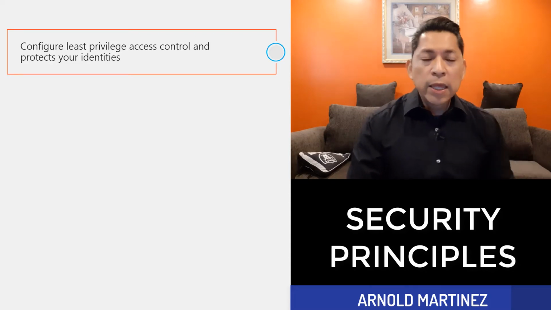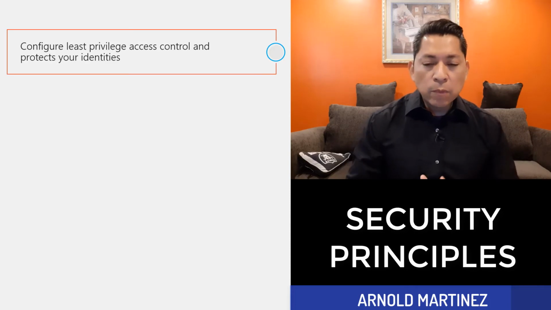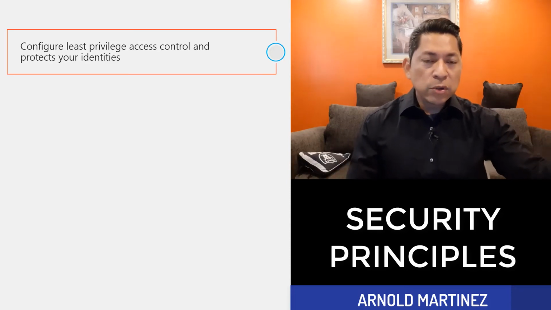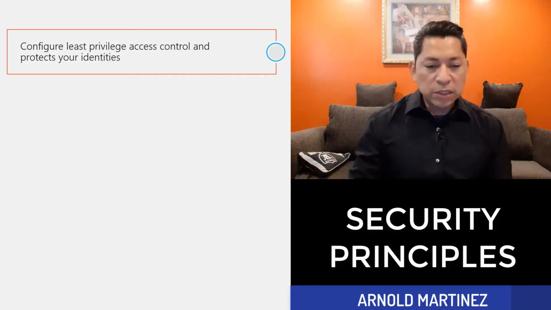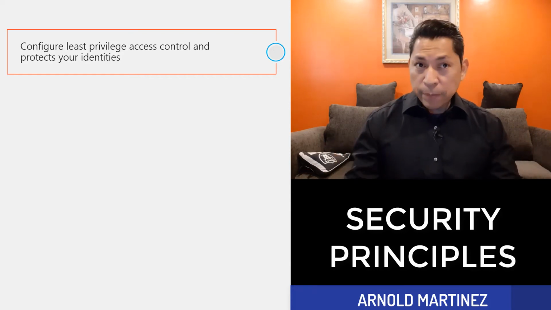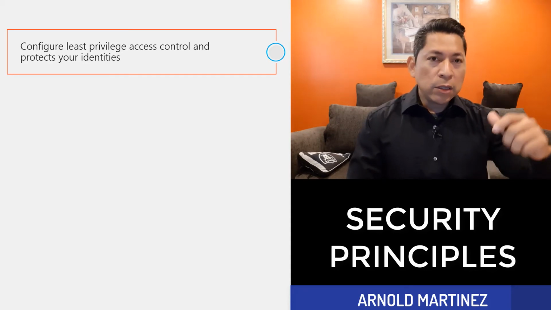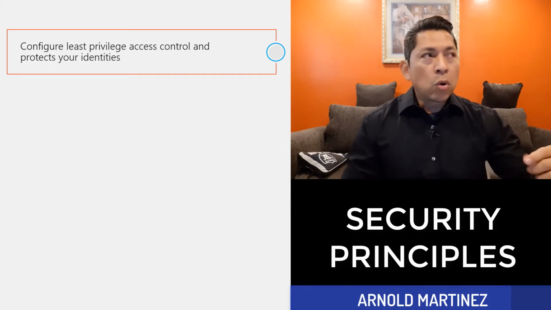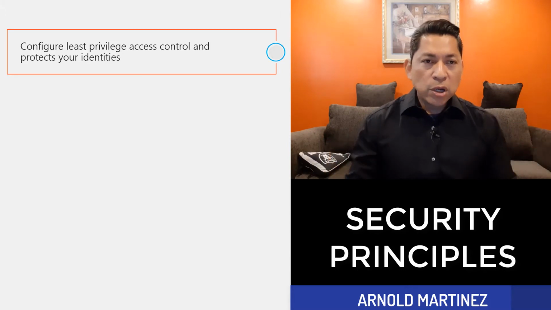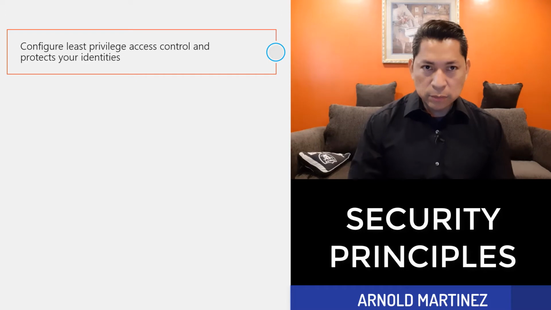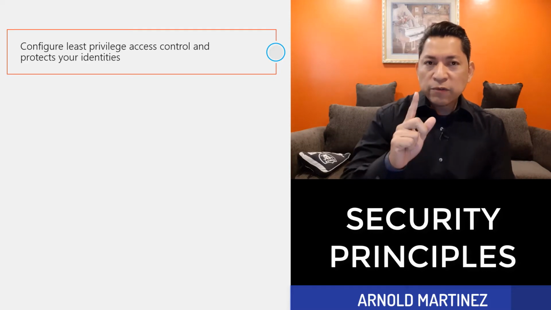For this we can use other security options like asking for multi-factor authentication, validating with a cell phone or a one-time password. The other part is going with a strategy of secure or passwordless solutions, which is something we can talk about in another video. So that's the first principle.